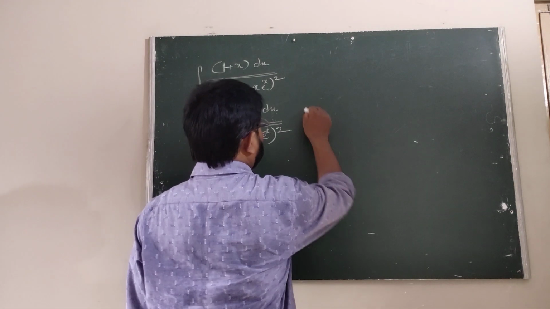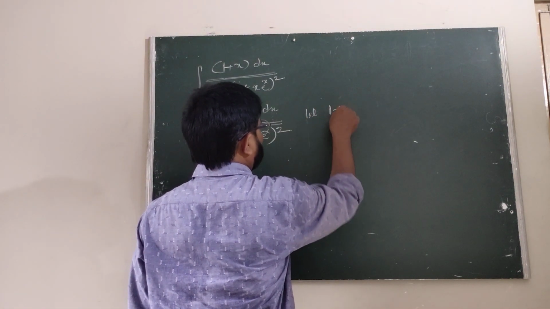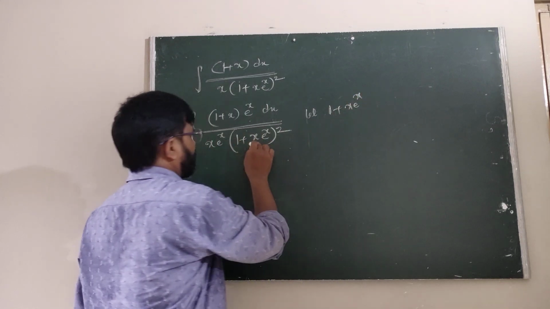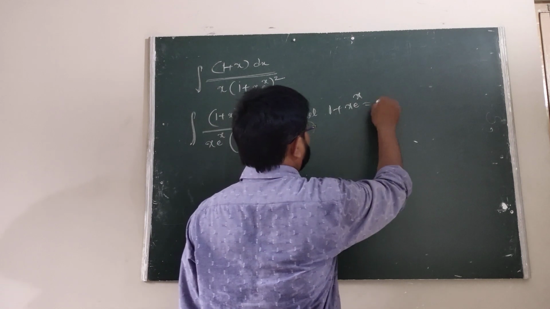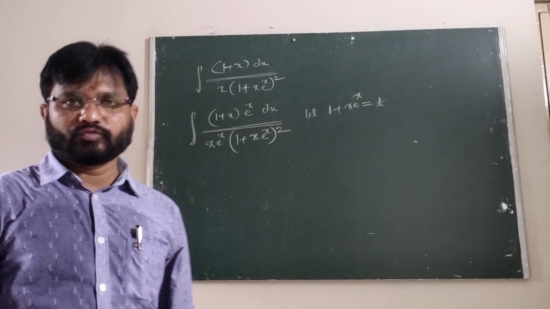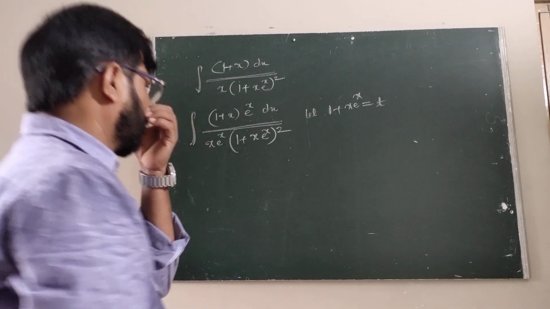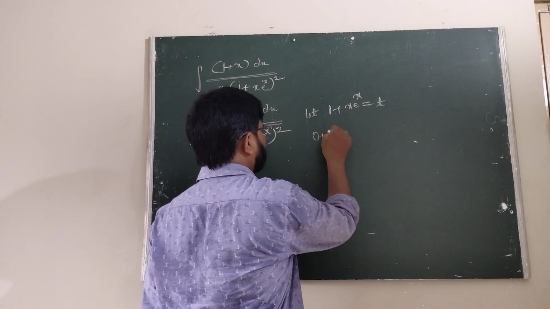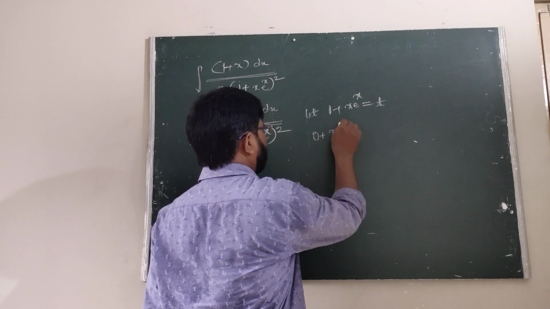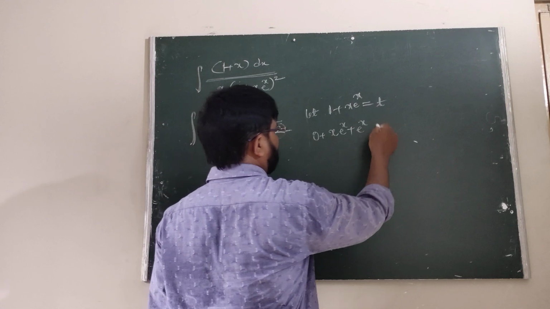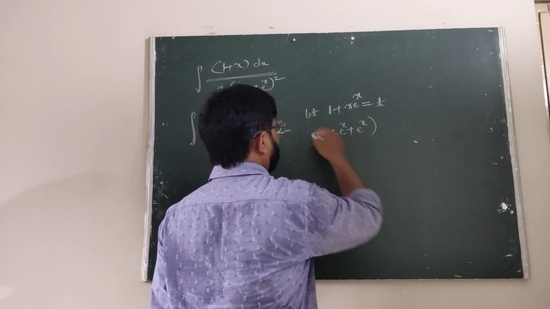Therefore, let 1 + x e^x be some t. Now, dt is the derivative of 1, which is 0, plus x into derivative of e^x plus e^x into derivative of x, which is 1, whole of dx.